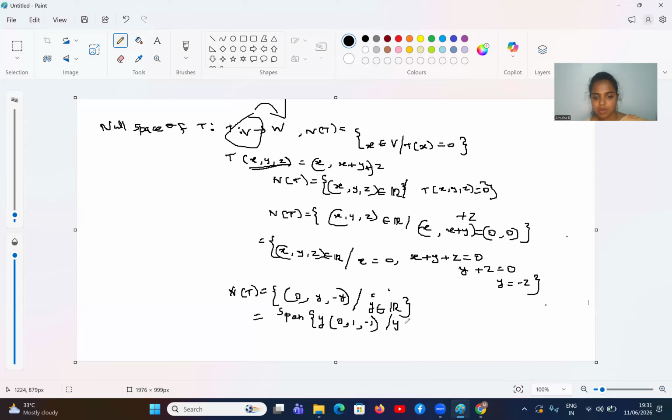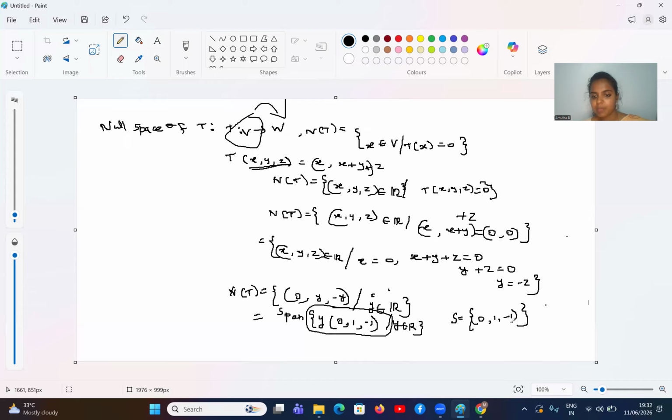Such that y belongs to R. Now, if this is in the format of alpha 1 v1, then in place of alpha 1 we have y, and in place of v1 we have 0, 1, minus 1. So the set can be written as 0, comma 1, comma minus 1.